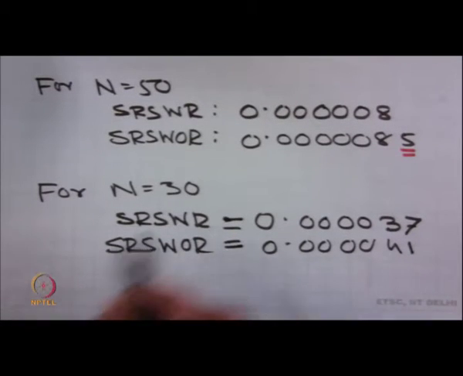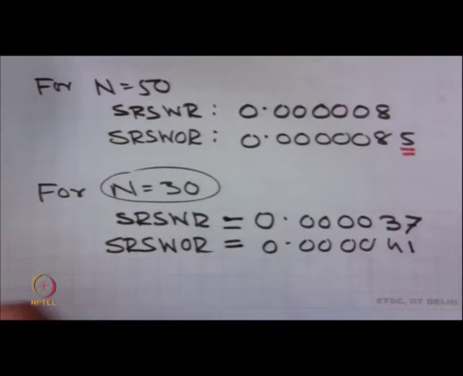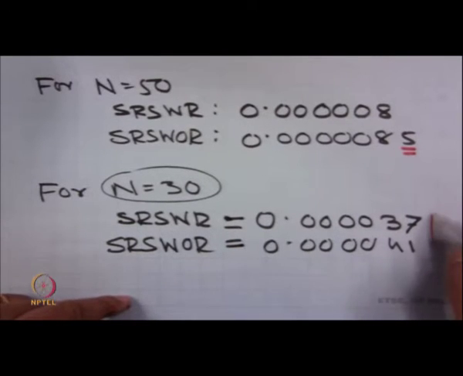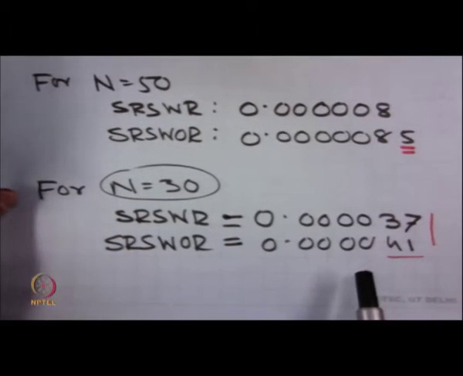So, even when the size of the population is as small as 30, we find that the probabilities are very, very close. They are differing only in the 5th decimal place.